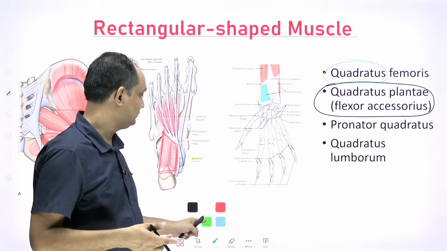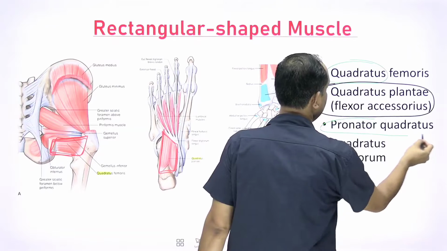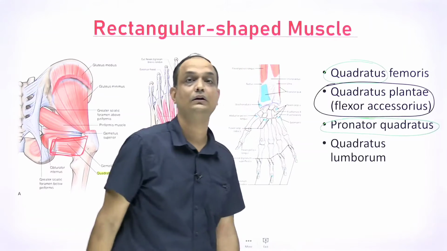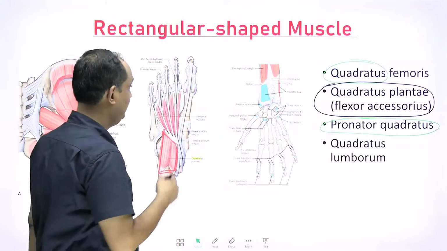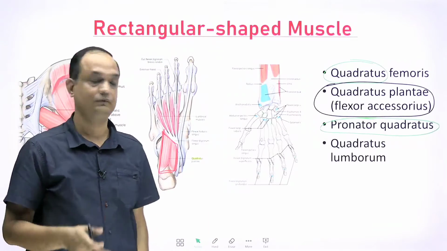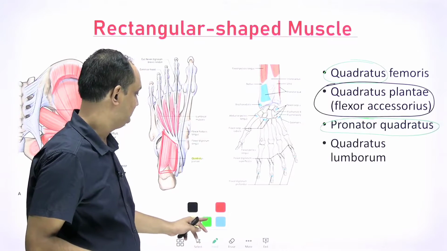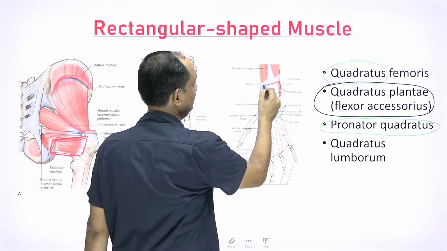Then what is the other quadratus? You have one muscle in your upper limb known as pronator quadratus. This muscle is present in the lower part of the forearm, deep to the muscles of the superficial compartment of the forearm. It is a flexor compartment muscle, a deep muscle, and it causes pronation.